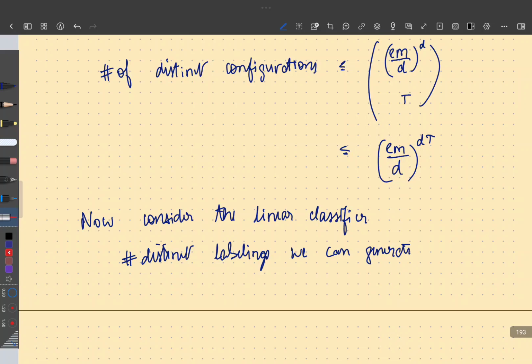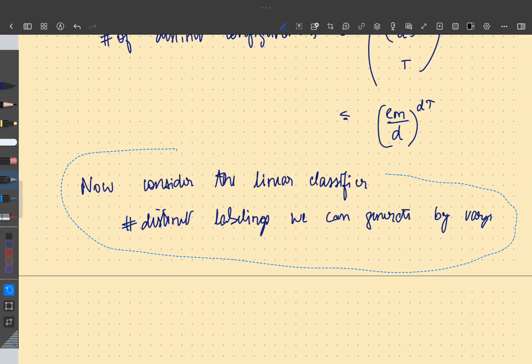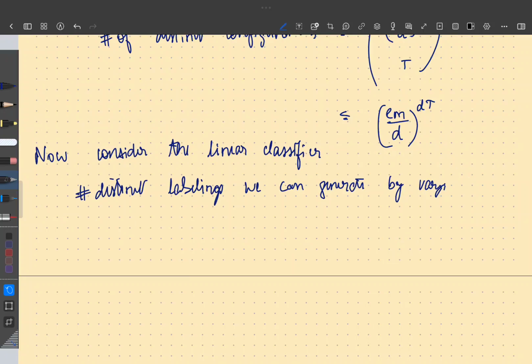Now for this xm prime, how many possible labelings can I generate using purely linear classifiers, that is, by varying just alpha 1 through alpha t for fixed h1 through ht?